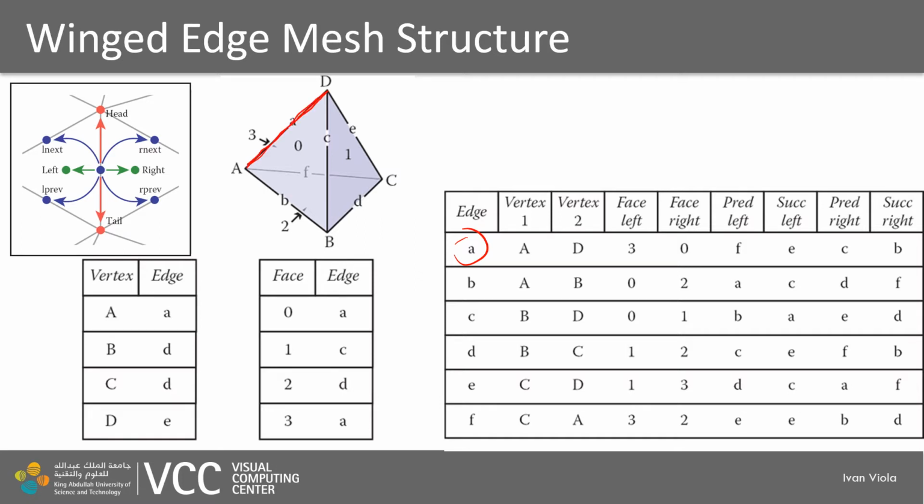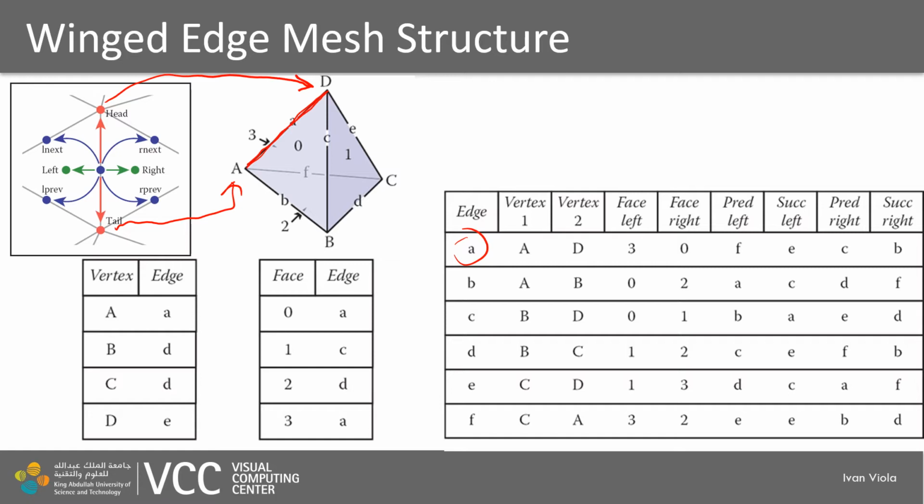So for the edge A, which is this edge, we will have a tail. This is the tail. A would be the tail, and D is the head. So imagine that we have a sort of bird laying with the body on this edge, and the triangles which are containing this edge will be its wings.